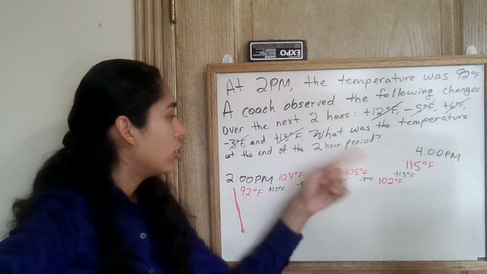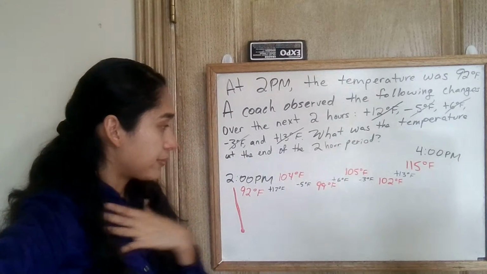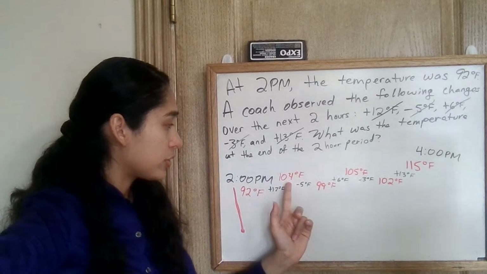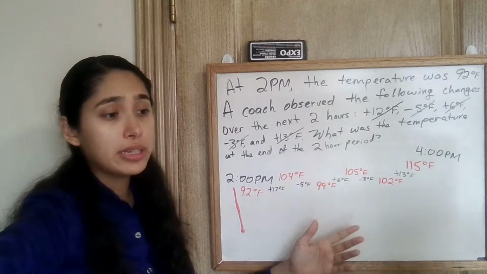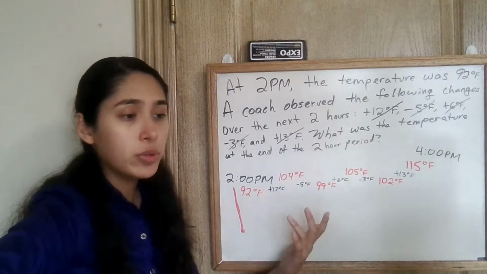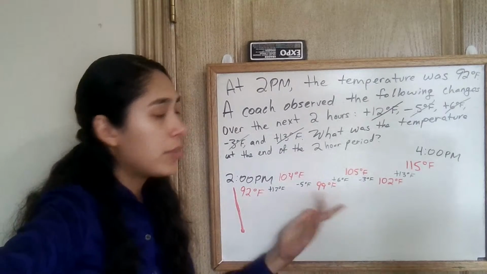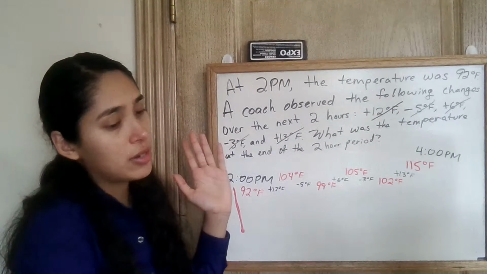And I also know the temperature at each different point. I could even order these from least to greatest, find the mean, median, and mode, and the range. But the problem isn't asking for that, so I don't need to do that.